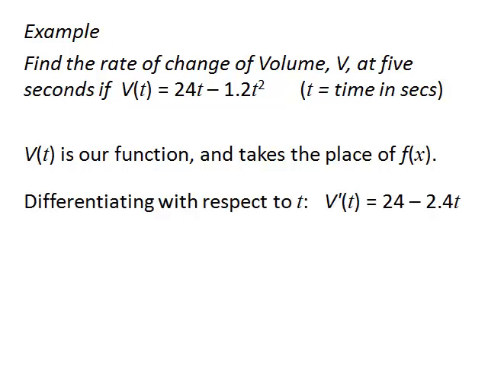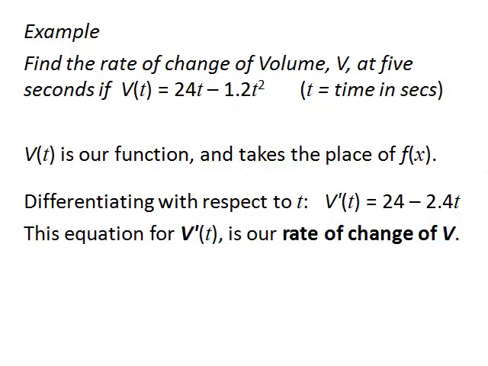And we can differentiate it with respect to t. 24t becomes 24, 2 comes down, so it's minus 2.4t. So that new gradient equation, V dash, is our rate of change of V with respect to time.